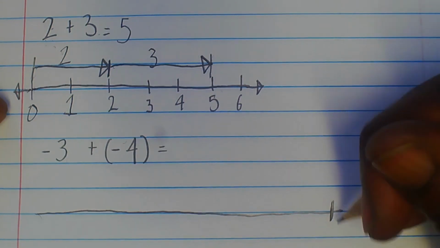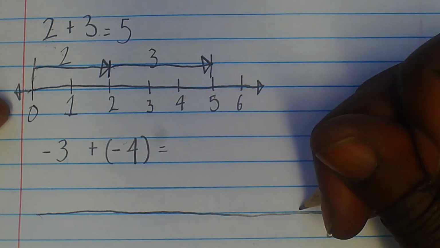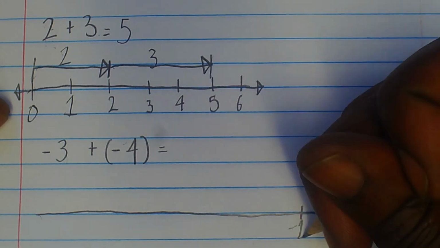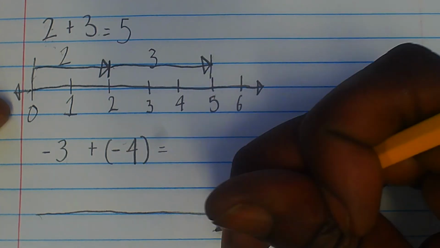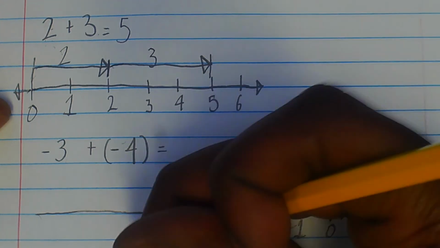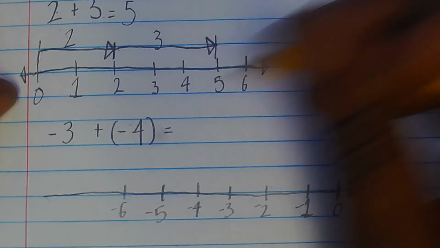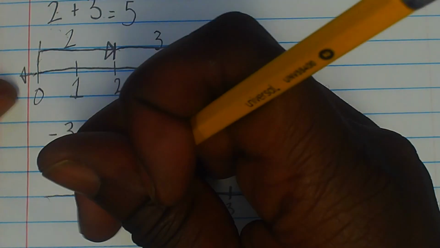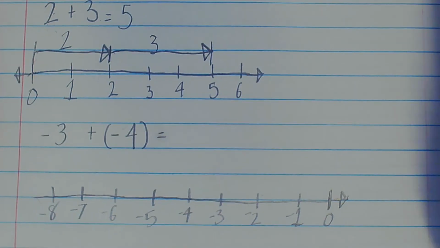So I'm going to start with my 0 to the right, and then I'll have -1, -2, -3, -4, -5, -6, -7, and -8.